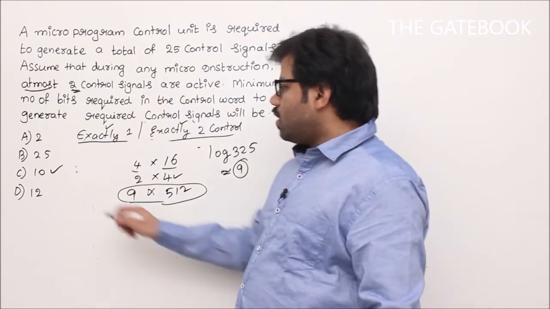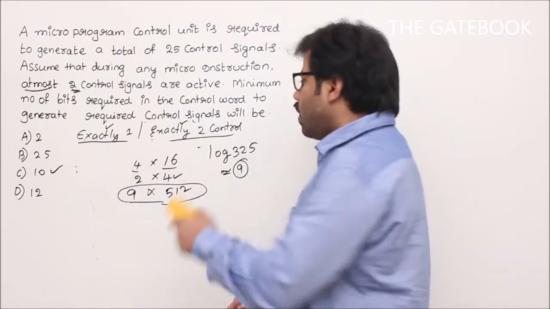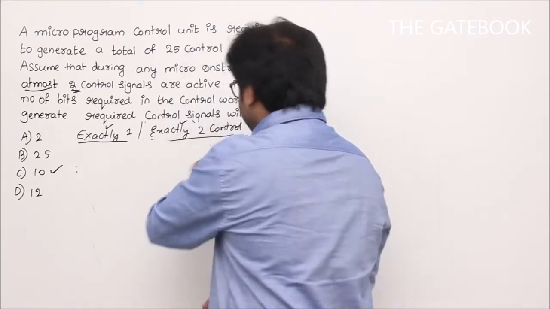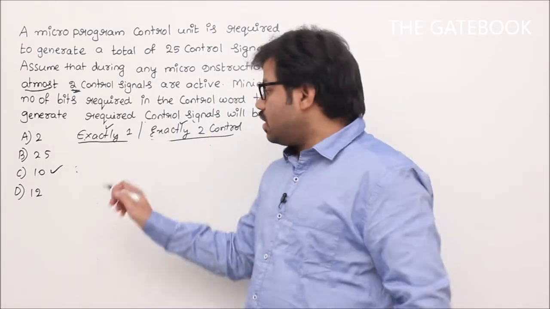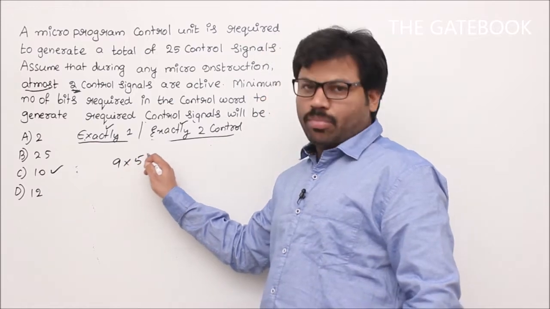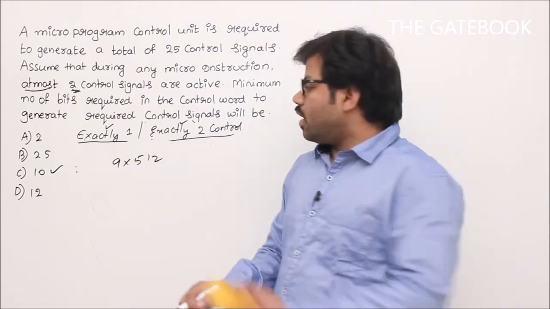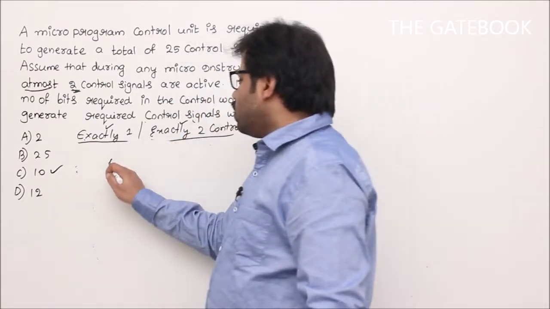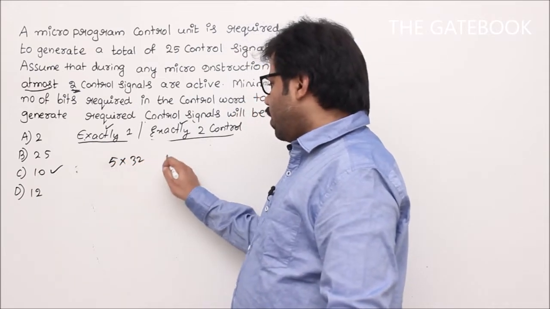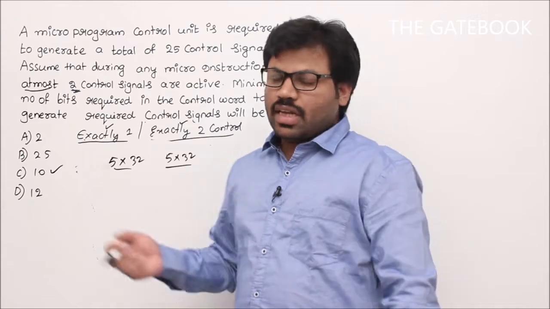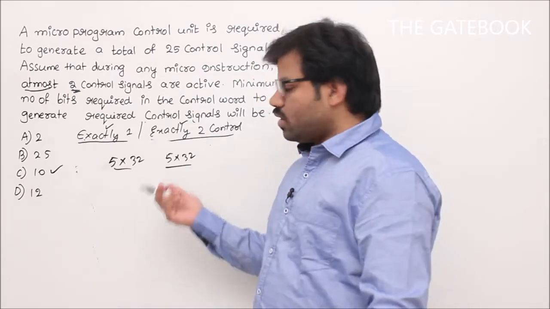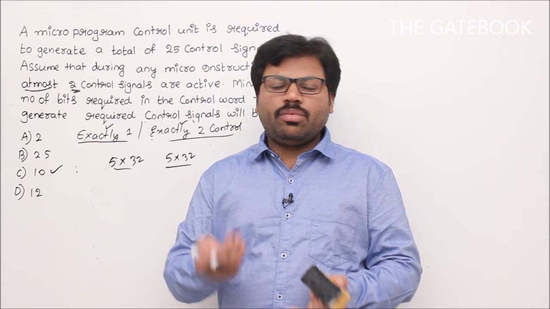So that's why the answer is actually 9, but there is no 9 among the options, right? So the examiner is thinking about a simpler circuit. This 9 by 512 circuit will be a little bit complicated, but if you use 5 by 32 decoders, they will be simple circuits. Realizing the 9 by 325 circuit would be a little more complicated.